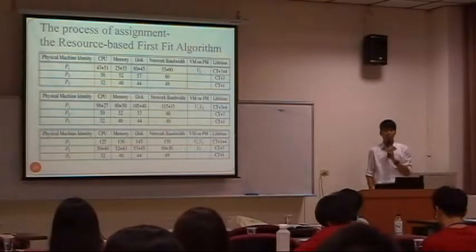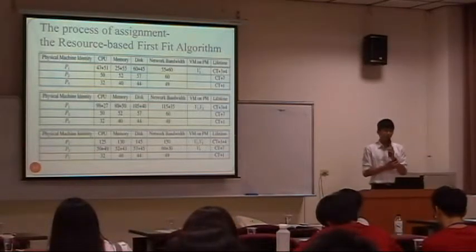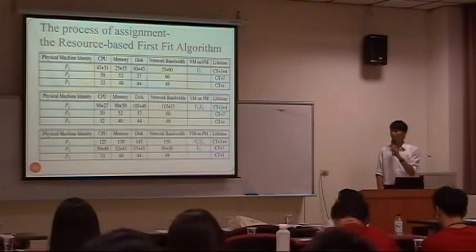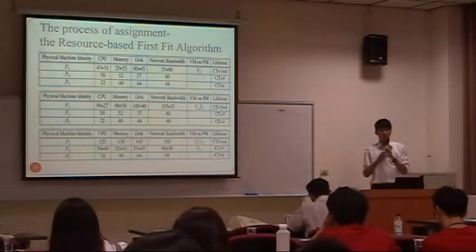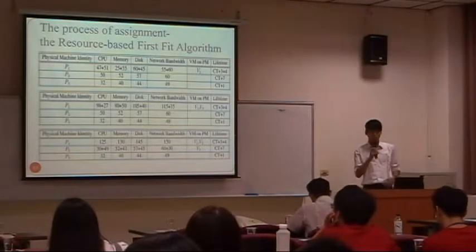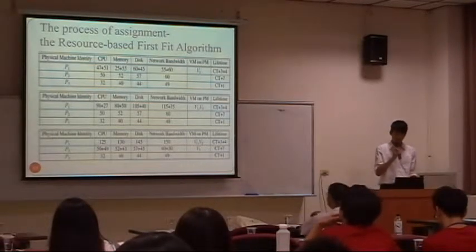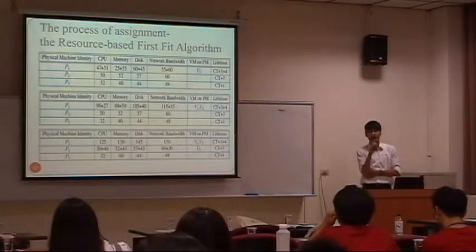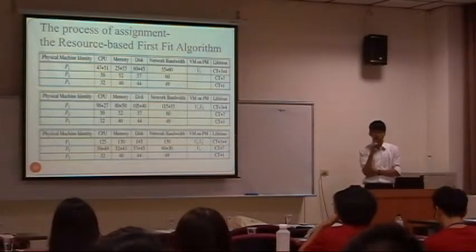So the cloud scheduler will assign V1 to P1. When V2 arrives, the cloud scheduler will use the same way to assign V2, and so on. So finally, we can see V1 and V2 will be assigned to P1, and V3 will be assigned to P2.